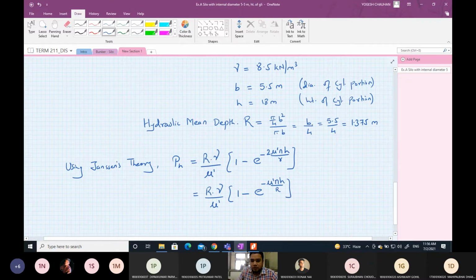Okay, see, this is diameter by 4. Diameter by 4 means this can be written as 2R, so it will be R by 2.